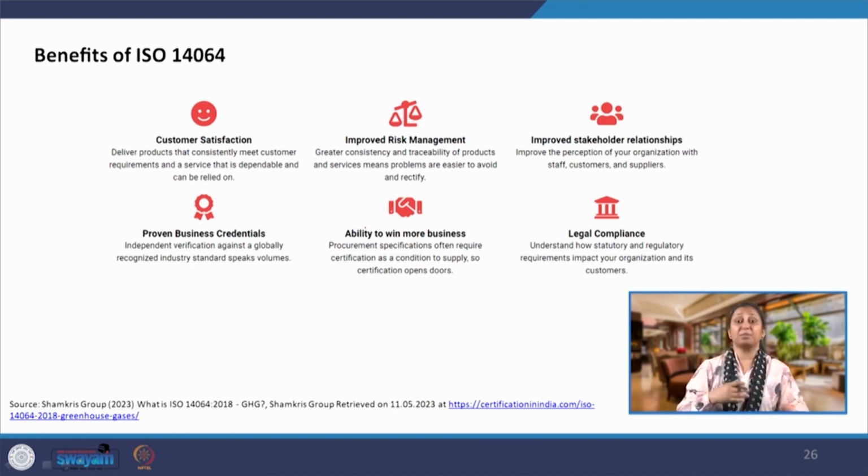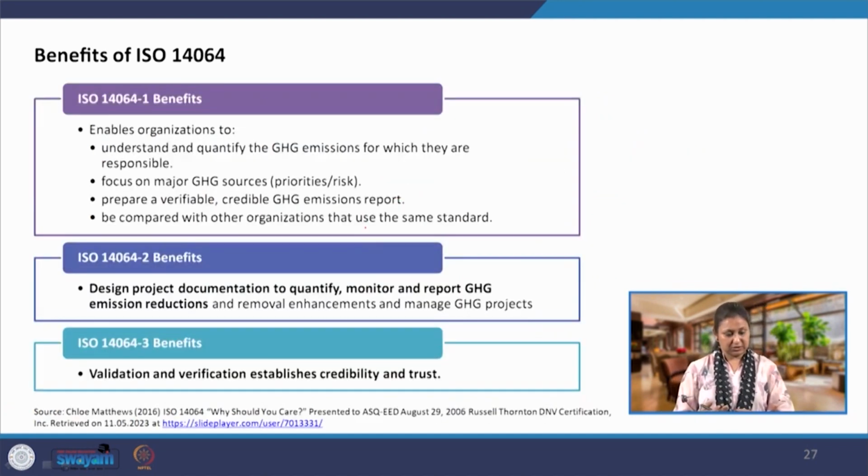We have better stakeholder relationships, there is more transparency, so the business credentials will be improved. Then we also have legal compliance, because there are these standards in place. So, one company claiming that it has reduced emissions more will actually be legally compliant if the standards and frameworks are followed, and of course, we will have greater customer satisfaction.